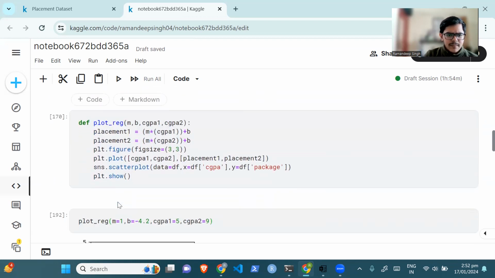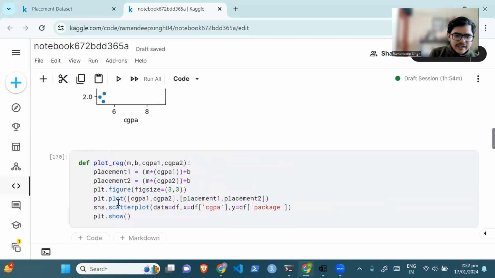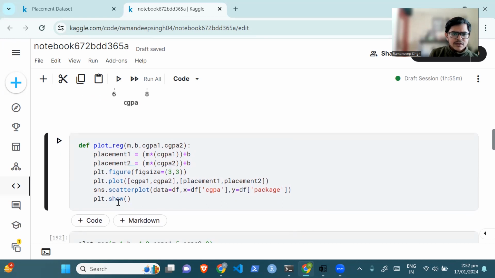Now I have taken input m, the slope, and b, the intercept, and I plot two points using them to create a line, because we need at least two points to create a straight line. This is the equation of a straight line, the output function.